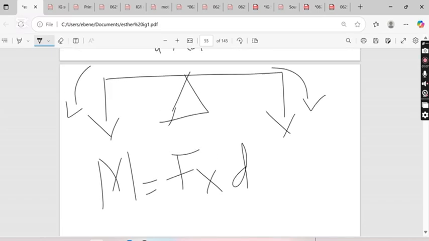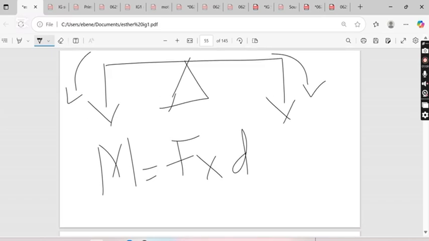But for the system to be in equilibrium, we consider all the things that can cause the object to turn, which is 1, the forces on the object, and 2, the moment on the object.